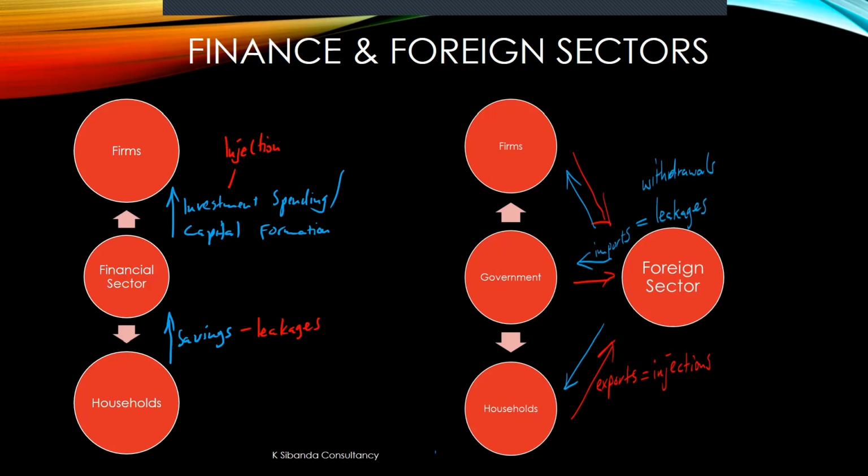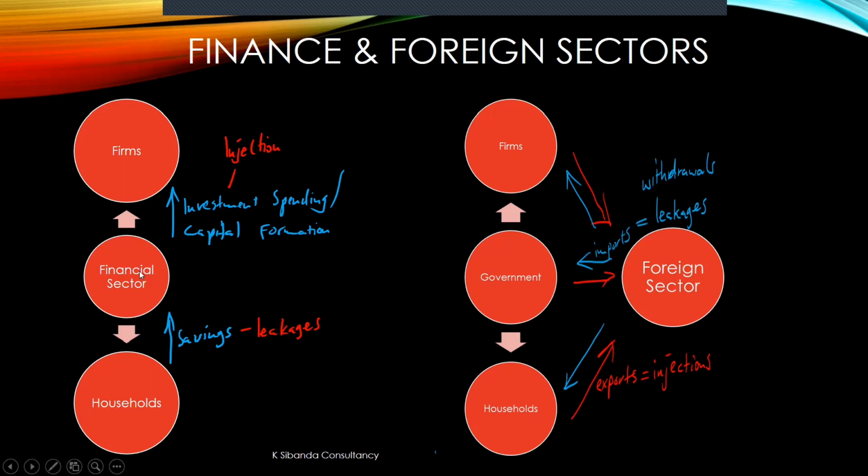So now we are seeing the financial sector being part of the equation. Remember, firms buy factors of production. They pay for those factors of production. So there's a need for the financial sector.